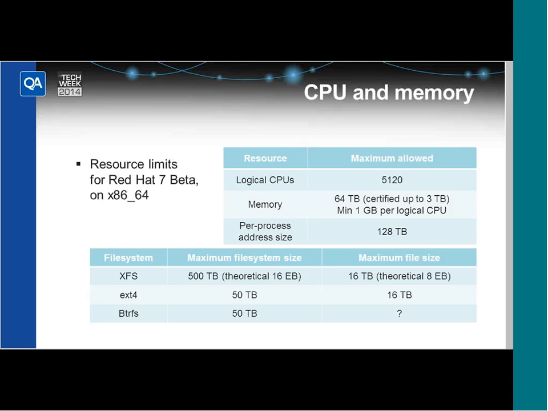But the use of XFS as the main file system type now defines the maximum file system size at 500 terabytes and the maximum file size at 16 terabytes. These are massive values. And the theory behind the file system, if you can see there, is in exabytes, that's mind-blowing for operation of normal average servers right now.